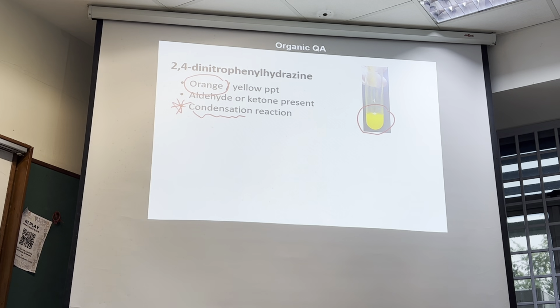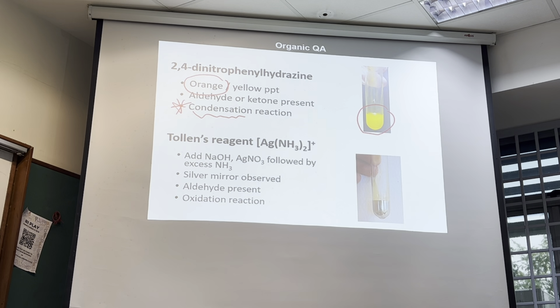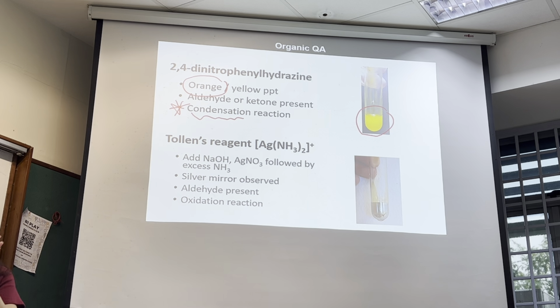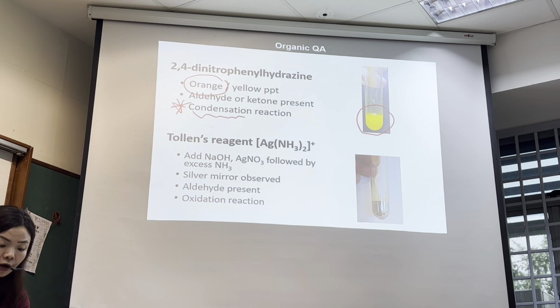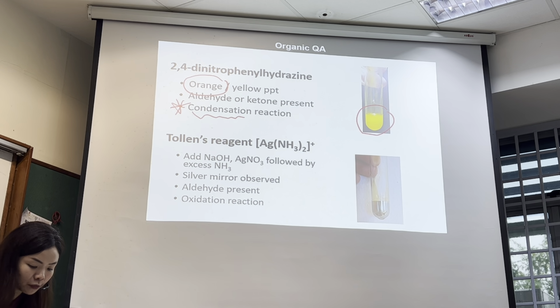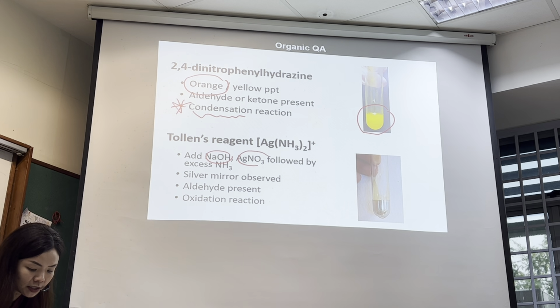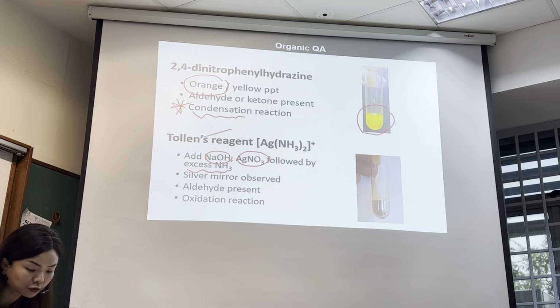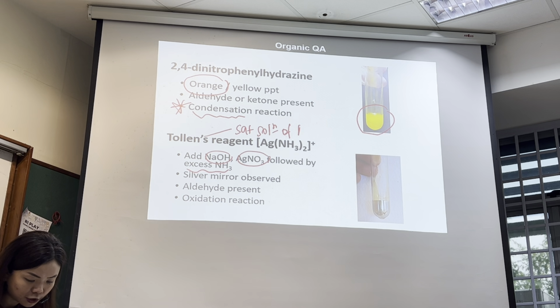Alright, the next one is Tollens' reagent. Now, usually they will not give you the Tollens'. They will ask you to prepare the Tollens'. Of course, they will guide you more than this. There will be these followed by excess NH3. Just remember, Tollens' is a saturated solution of Ag+.